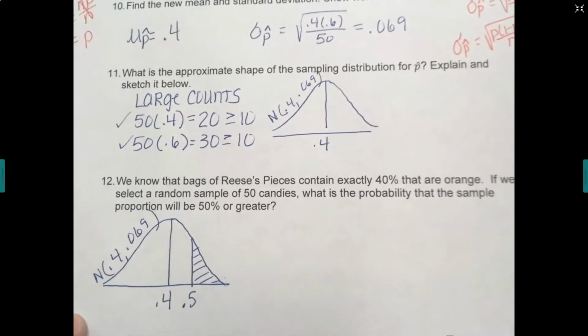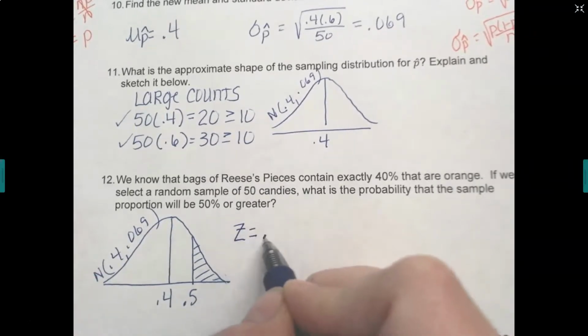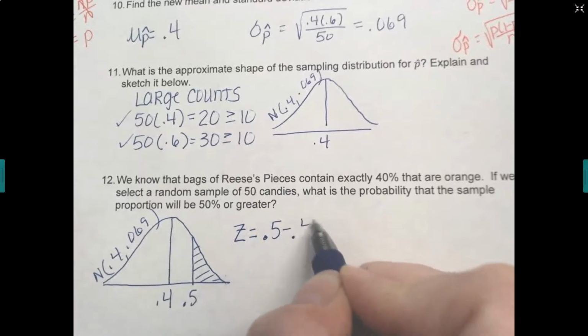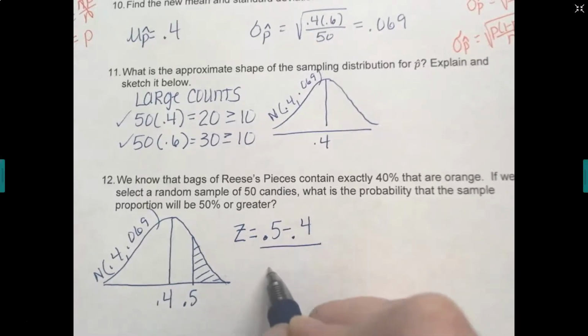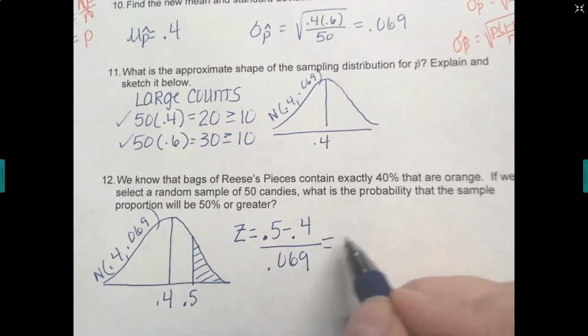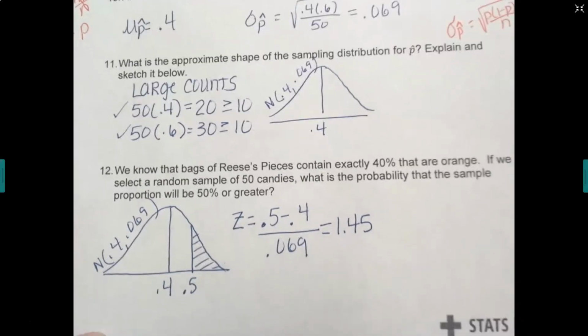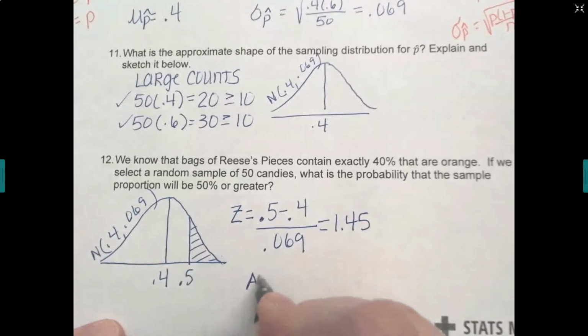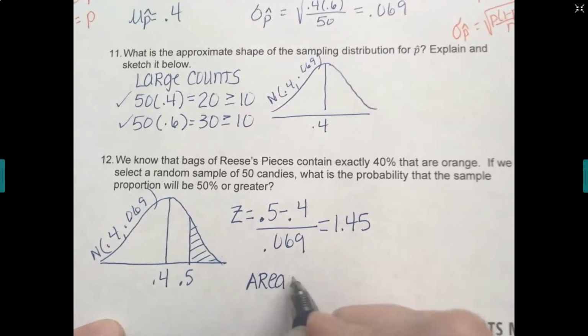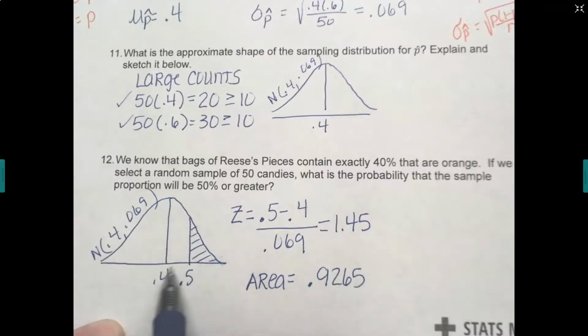Okay, so let's run our z-score. So z equals the score of interest, 0.5, minus the mean, divided by the standard deviation, which is going to equal a z-score of 1.45, which we're going to look up on our table A to find the area. And when I looked it up, I got an area of 0.9265. But remember, when you look them up, it's talking about the area below, which is all of this.